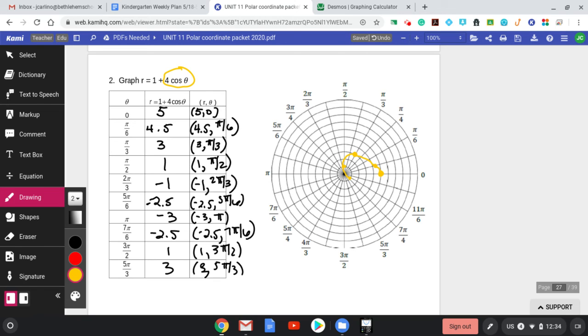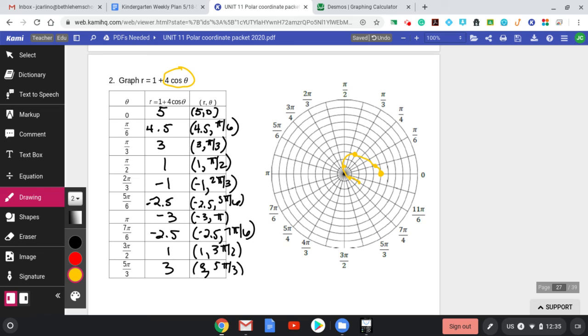Now negative 2.5, so at 5 pi over 6, you go on the other side of 5 pi over 6, which will be, let's see, that's 1, 2 away, 1, 2 away. Yep, right there. So really at 11, so 1, 2.5. There we go. Okay, doing our best here.